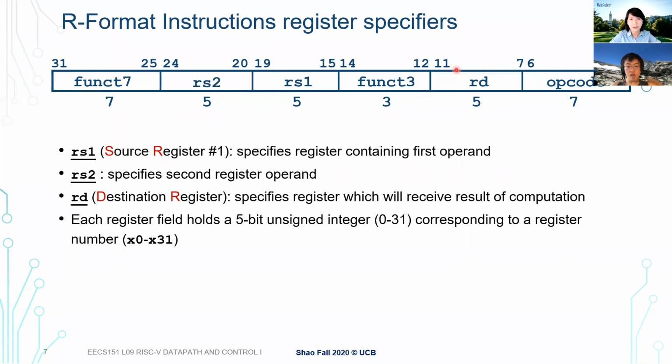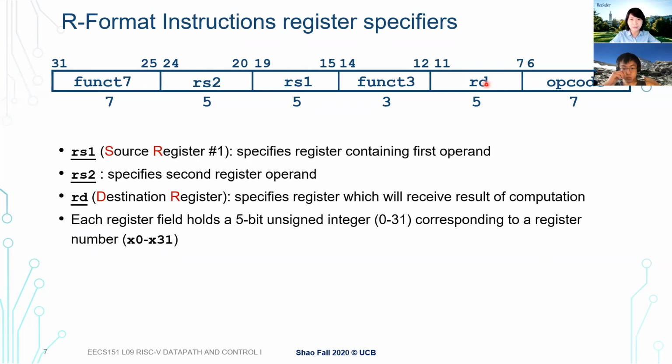If you recall from last time, we talked about how the register file is one of the most important components of the data path, and the RISC-V base instruction set has 32 registers. So we need the fields RS1, RS2, and RD to specify which one of the 32 registers we'd like to access.